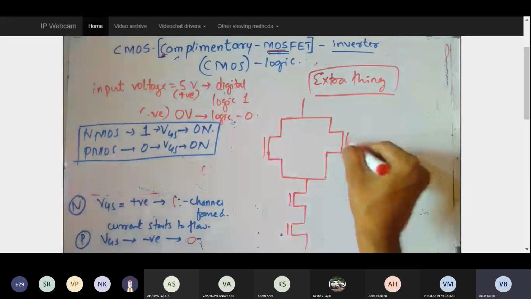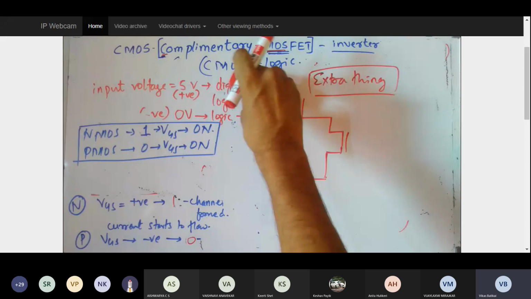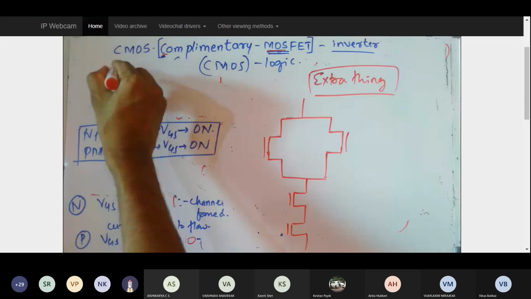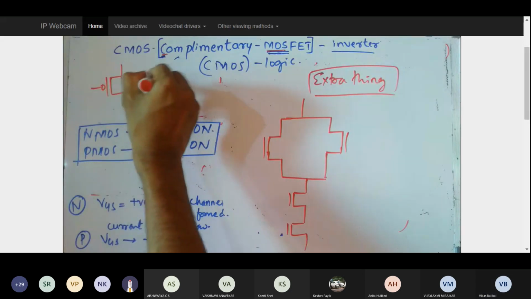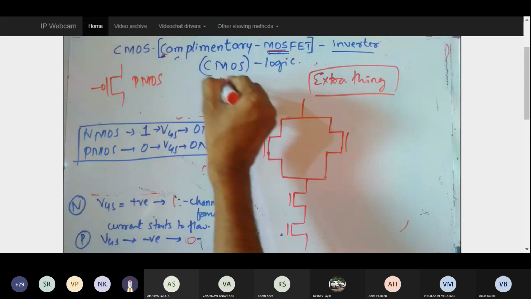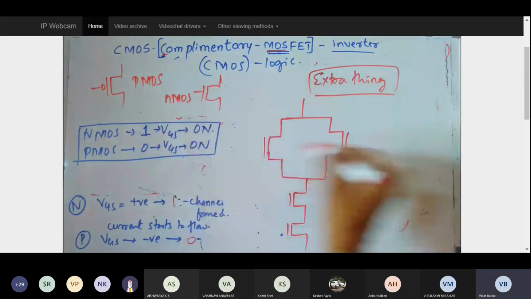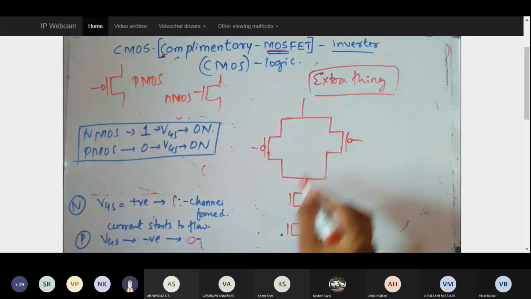I also showed you the other symbol: how do I represent my PMOS and NMOS with the help of the bubble logic? So this was my representation. The bubble is my PMOS, and if there is no bubble, that is my NMOS. I'm using that convention over here because that diagram is pretty complex to draw.